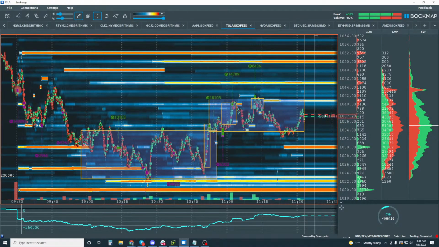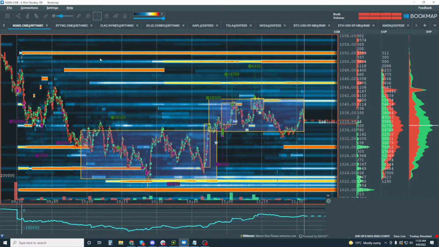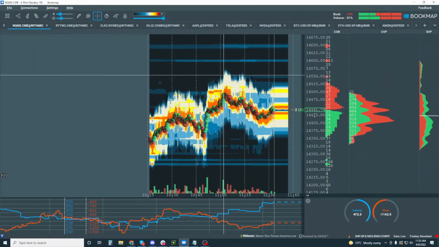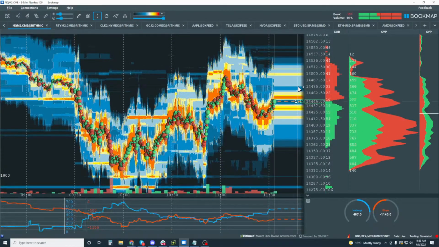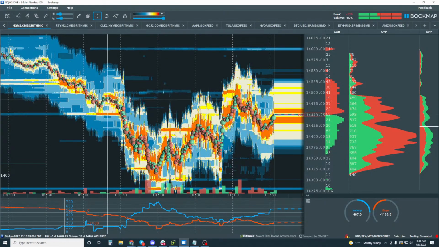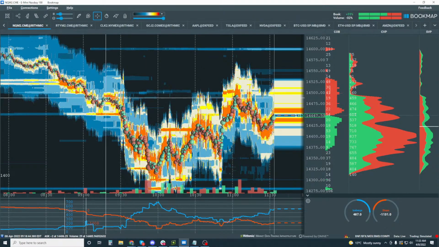All right, and then let's jump back. I have not looked at Nasdaq. We just use Nasdaq all the time. That's what we looked at primarily. Haven't looked at it in quite a while. Let's see here. God, this is a nice move in here. Back up to 9 o'clock and 14,500.